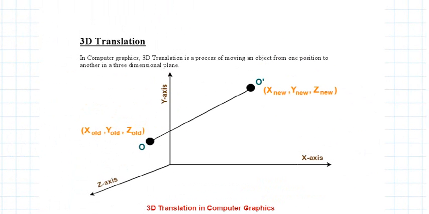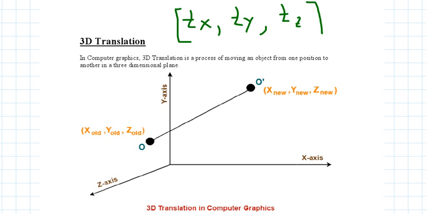Yes, you have a point x old, y old, and z old in the 3D space or 3D Cartesian coordinate system defined by x-axis, y-axis, and z-axis. Now you want to apply a translation Tx along the x-axis, Ty along the y-axis, and Tz along the z-axis onto your original point.